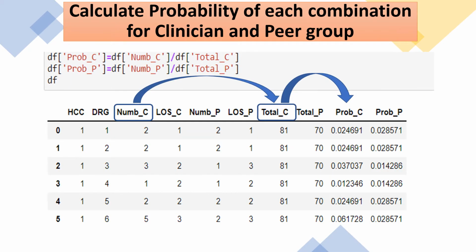Now we need to calculate the probability of each group, clinician group and peer group. So you have to divide the number of patients in different categories of DRG and HCC by the total number of clinician group patients, which is 81.